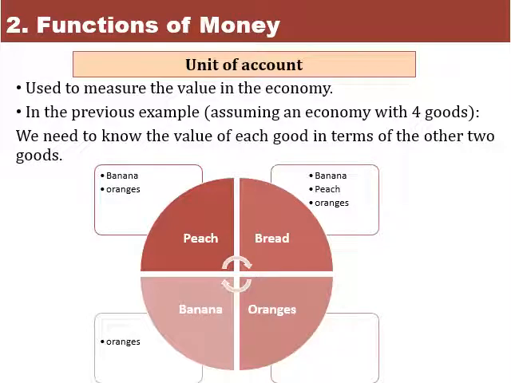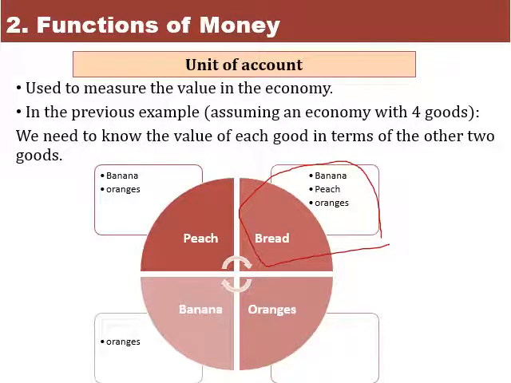Because there is no money in the economy, we need to know the value of each commodity in terms of the other commodities. For example, we may need to know the value of bread in terms of peaches, banana, and orange, as it appears here.